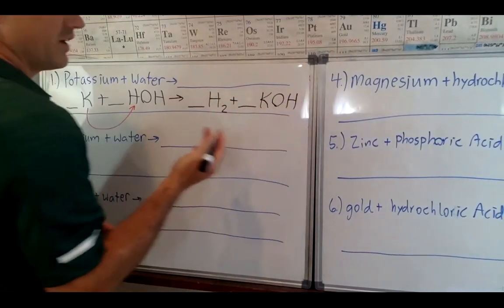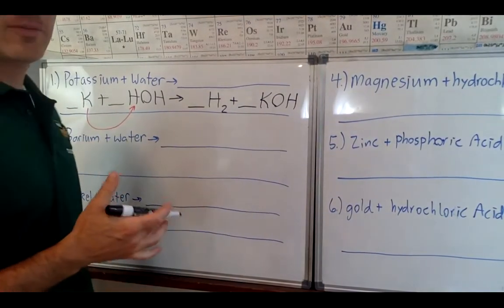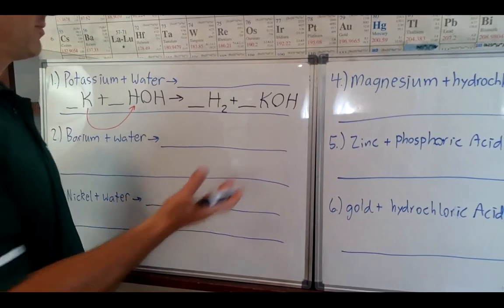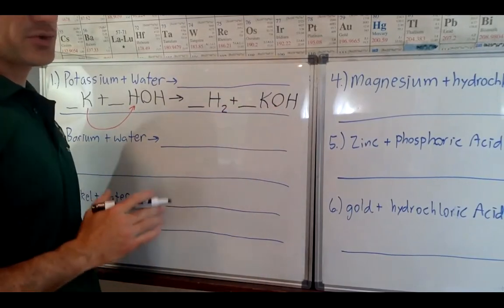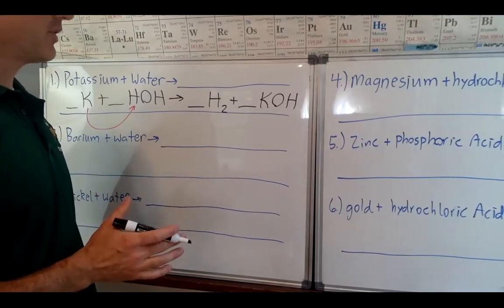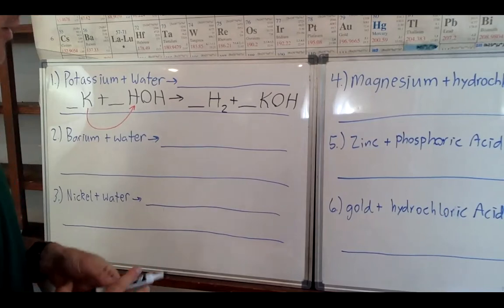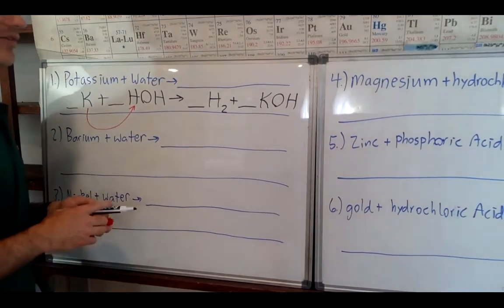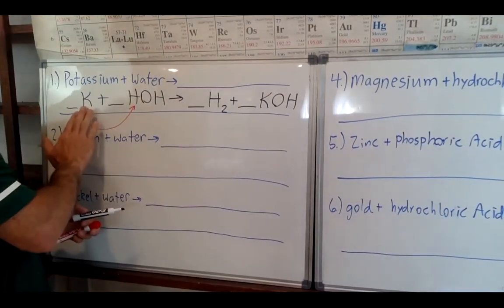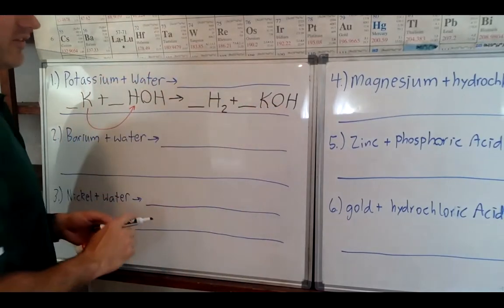And you end up with KOH, potassium hydroxide. This is a base. This is very typical of a single replacement reaction where you have a single thing come in, kick out another, and make a new compound out of it. So we have single potassium, and after the reaction, single hydrogen, and this is stuck together over here.